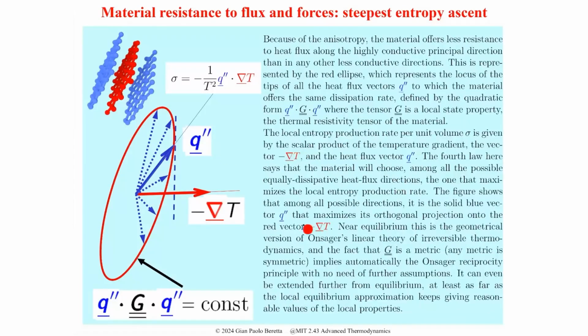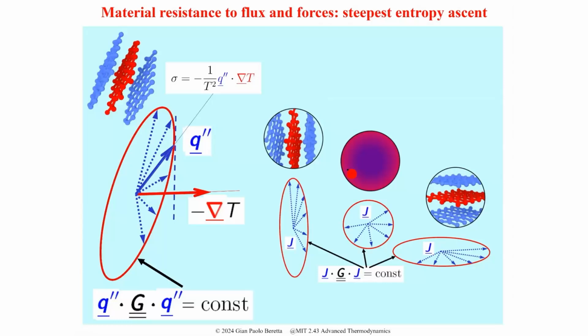Okay, so these are words just to explain what I just said. And so you could have an isotropic material. For an isotropic material, that ellipsoid becomes a sphere, a hypersphere.